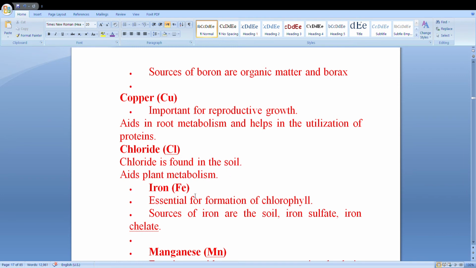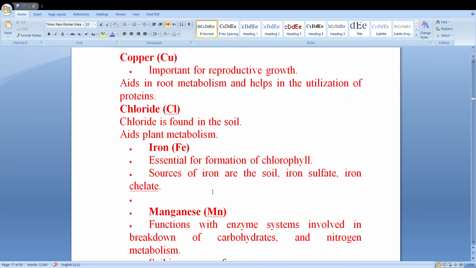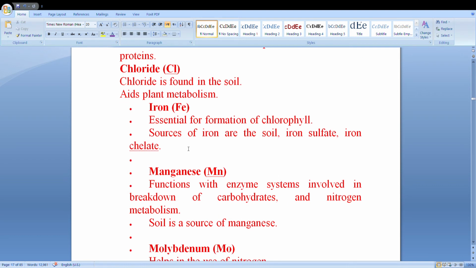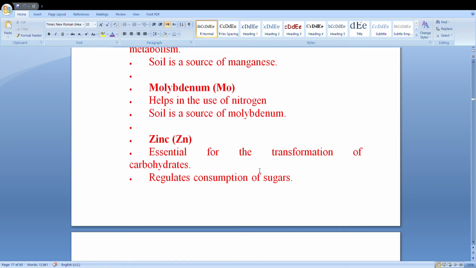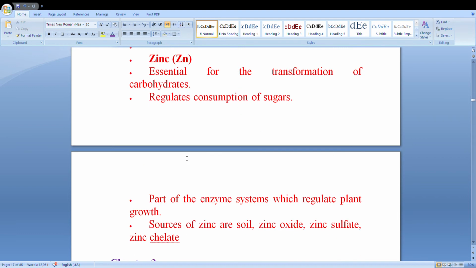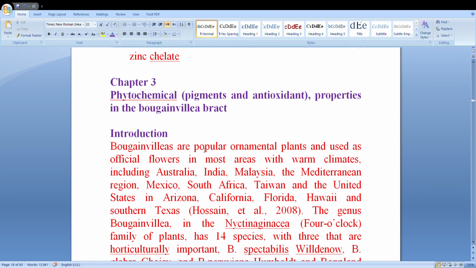Chloride is found in soils and aids plant metabolism. Iron is essential for the formation of chlorophyll; sources of iron are soil iron, iron sulfate, and chelate. Manganese functions with enzyme systems involved in the breakdown of carbon dioxide and nitrogen. Molybdenum helps in the use of nitrogen. Zinc is essential for the transformation of carbohydrates. So this is all about plant nutrition.